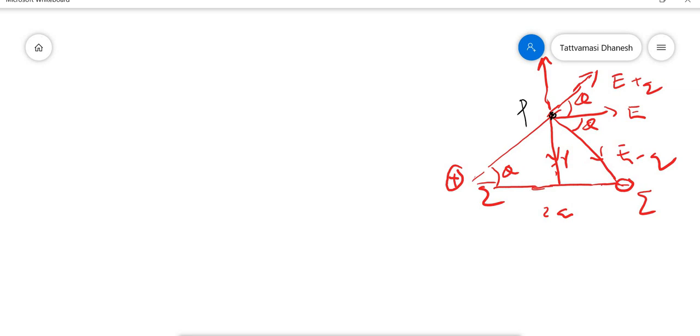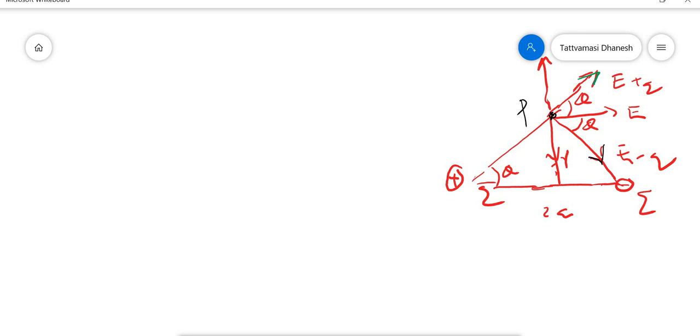You know that. So E of plus Q, the direction is given here, I marked it here. This is the direction of E of plus Q. It's correct because it starts from the positive charge. E of minus Q, the direction I have given here, you can see it here. This is E of minus Q. It goes towards the charge.